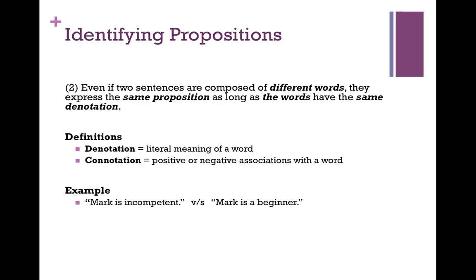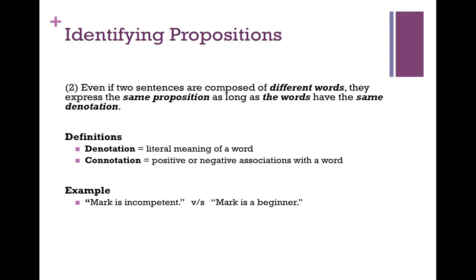Right, let's look at another example. Mark is incompetent versus Mark is a beginner. Now, here the key terms are incompetent and beginner. And you have to ask, do these mean the same thing? And the answer to that is, I believe, no. To say someone's a beginner is just to say they're starting out at something. And probably most beginners aren't going to be proficient in what they're doing.